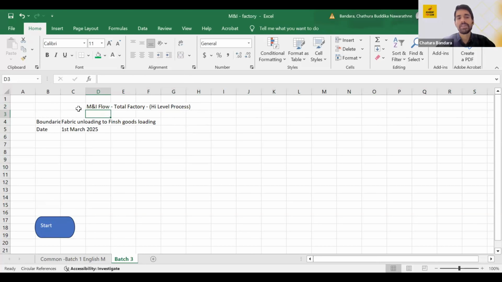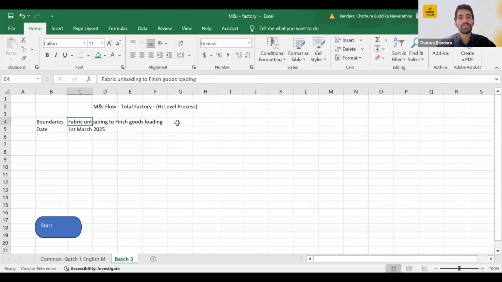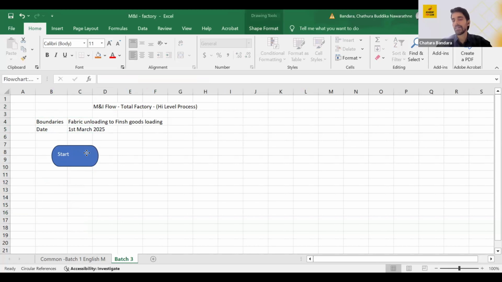So I have included this topic, the MNI flow of the total factory, high level process, and these are our boundaries: fabric unloading to finished good loading, and the date, 1st of March 2025. Are you all clear on that? So this has to be there. Before we start drawing, we have to mention the topic of the MNI flow and then the boundaries.